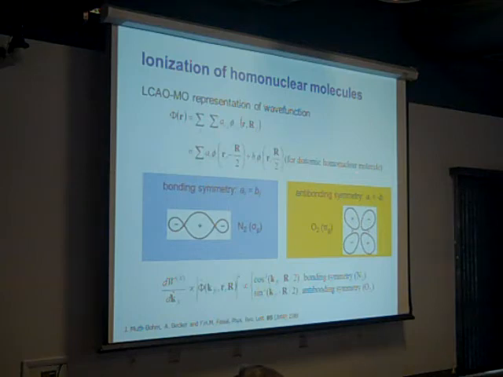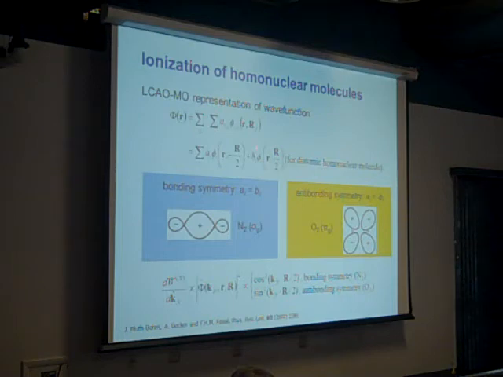And then for diatomic molecules, I have two centers, so I could write this down not as a sum over all nuclear centers, but I have just two, so I've written it in this form here, where one of the centers is located at minus R/2 and the other one is located at plus R/2. Now, if you look at N2 and O2, there are several differences, but one of the differences is that this has a so-called bonding symmetry and this has an anti-bonding symmetry.